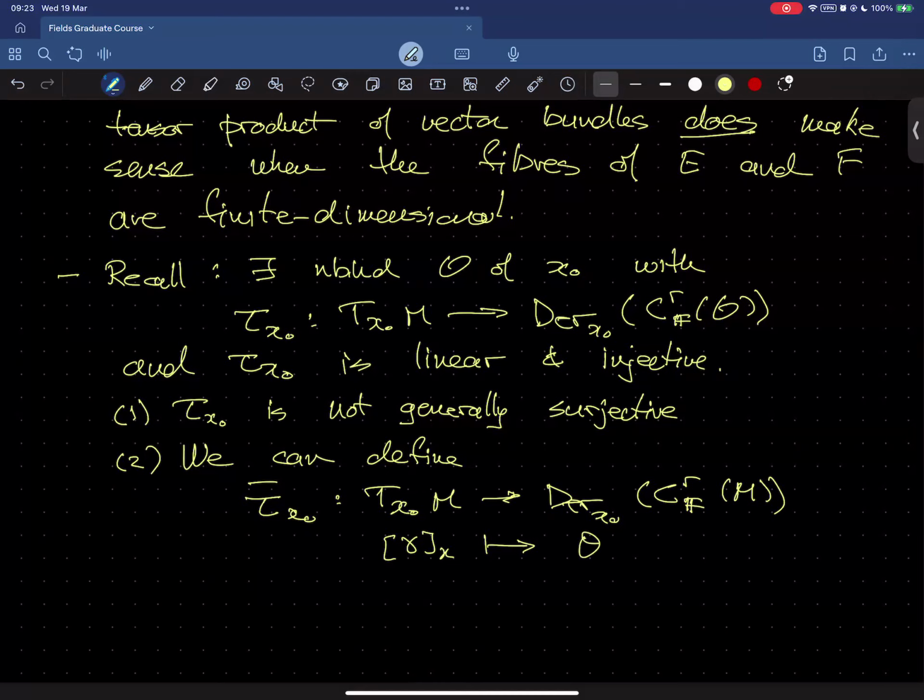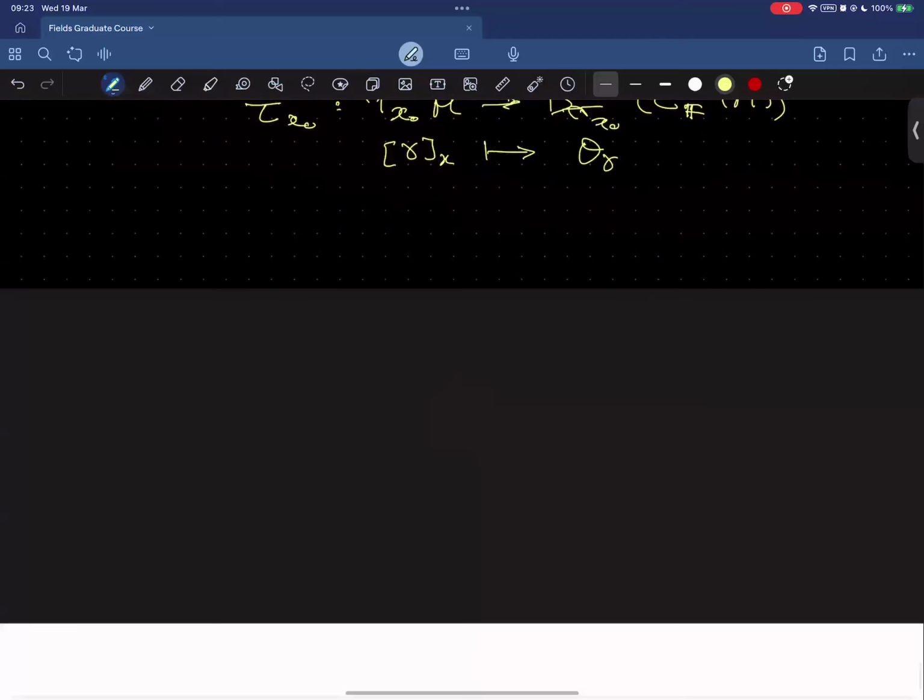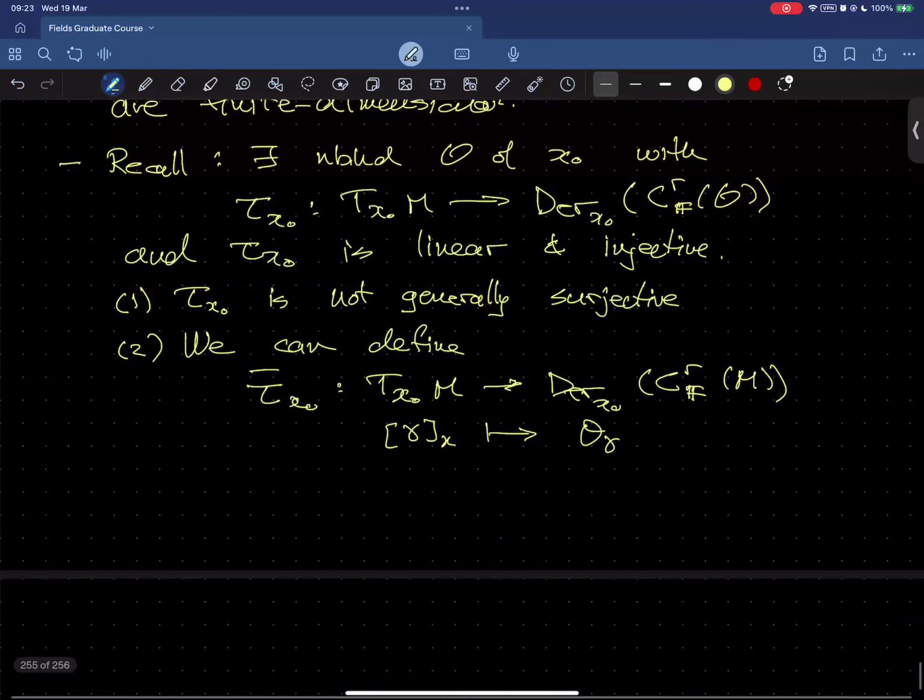So there's nothing wrong with the definition of that thing. But it's no longer known whether this thing is injective.